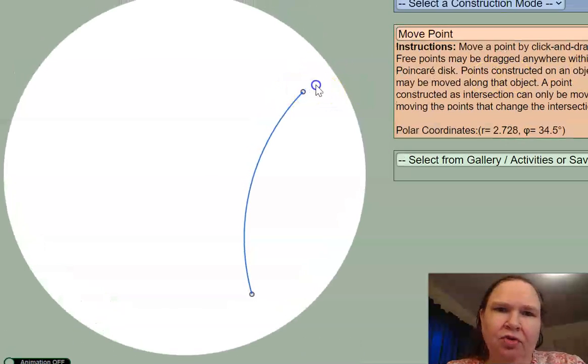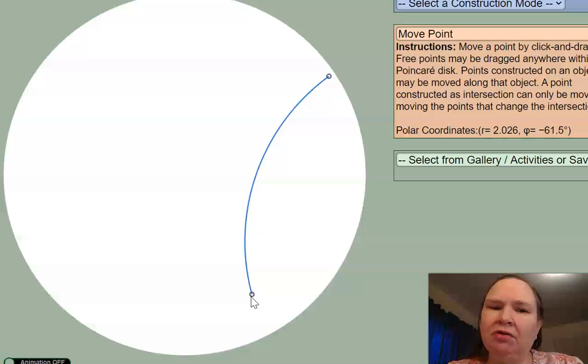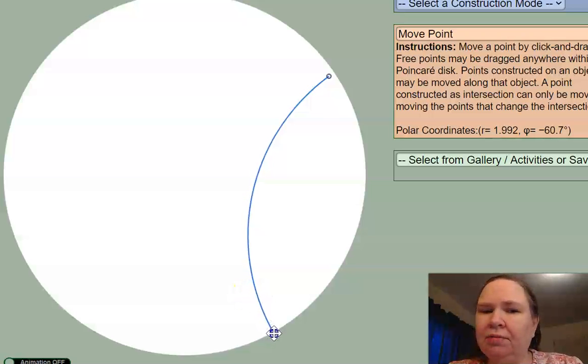As I drag them towards the edge of the Poincare disk, and of course if I drag them outside the disk, then they wouldn't live in the map anymore. That's not part of the hyperbolic plane. You can only go so far and then it stops.